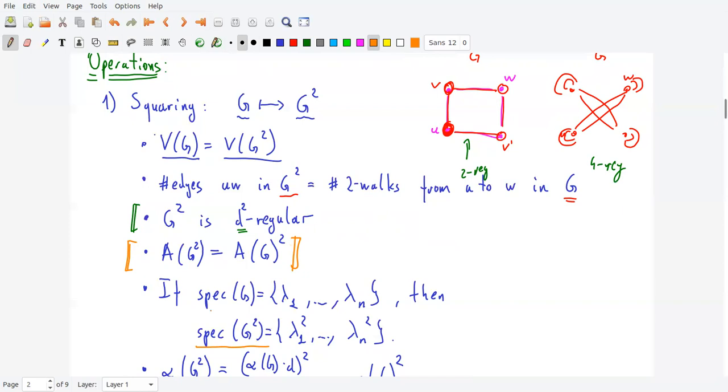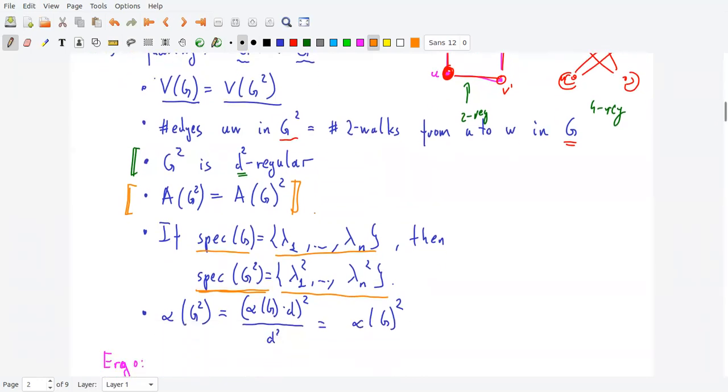So if the spectrum of G consists of lambda 1 up to lambda n, then the spectrum of G square consists just of the squares of these original eigenvalues. So we really understand how the spectrum of the square looks. In particular, if I look at alpha of G square, where alpha is the ratio between the largest non-trivial eigenvalue in absolute value and the regularity, in G square the regularity is D square.